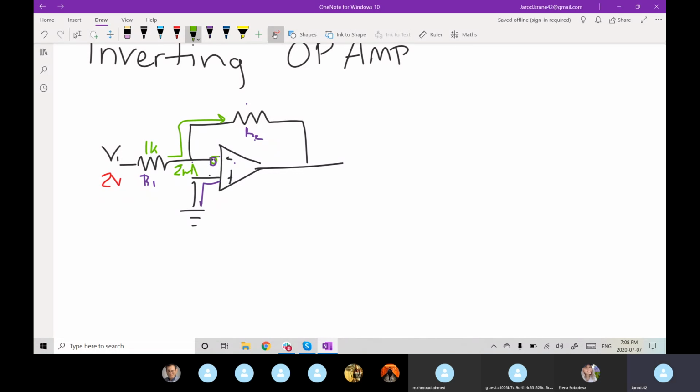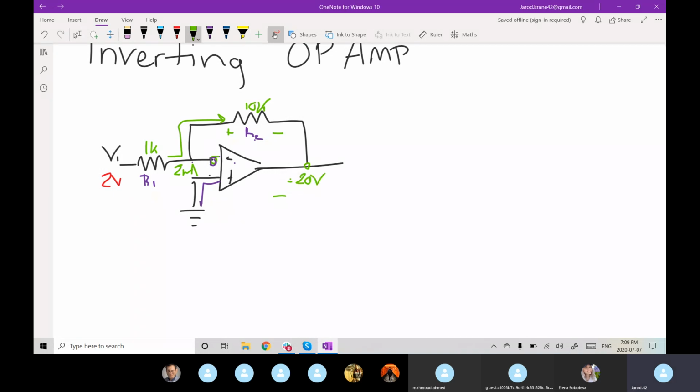We go through the current flow, and then we say we have a 10K on top. So 10K. We're going to see the voltage drop across our resistor. And at this node, we'll have our 2 milliamps by 10K.